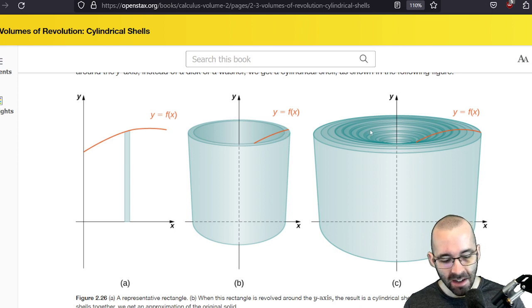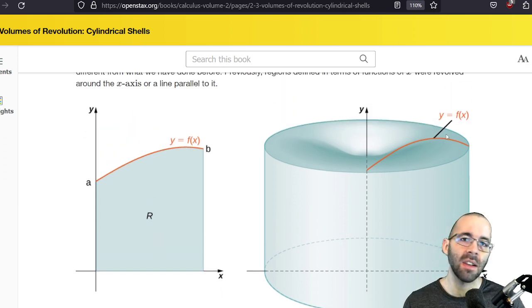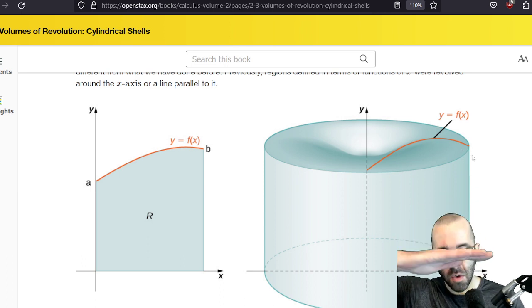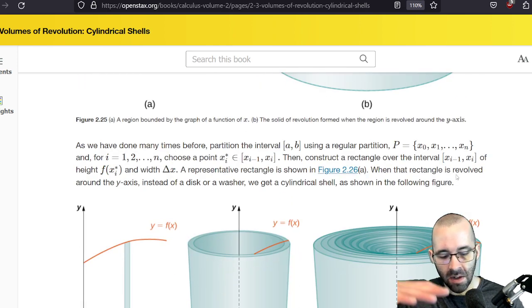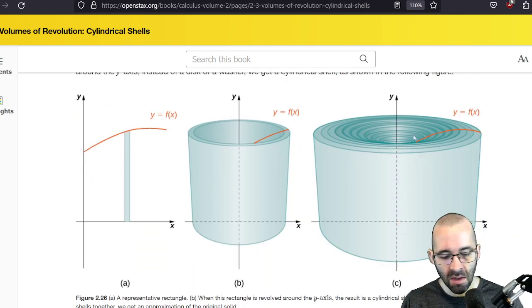All right. So again, what are we doing? We're revolving it about the y-axis, but we don't want to put everything in terms of y. So we're just cutting it. Think of horizontal cross sections, if you will. If we do a bunch of horizontal cross sections, we get this resulting figure.